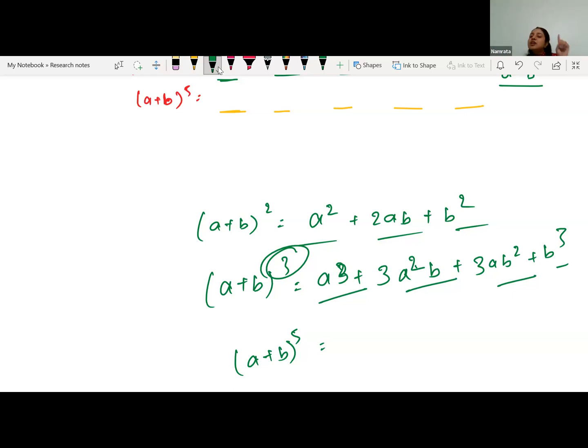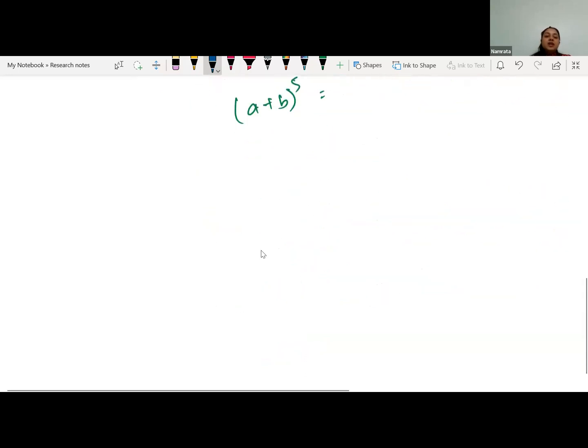But one confusion is there: how will we take out the coefficient? Coefficient means here 3 is there, here 3 is there, here 2 is there. Is it just the power? No, it is not just the power. When you expand (a plus b) to the power 4, we can write it as (a plus b) whole square, whole squared.